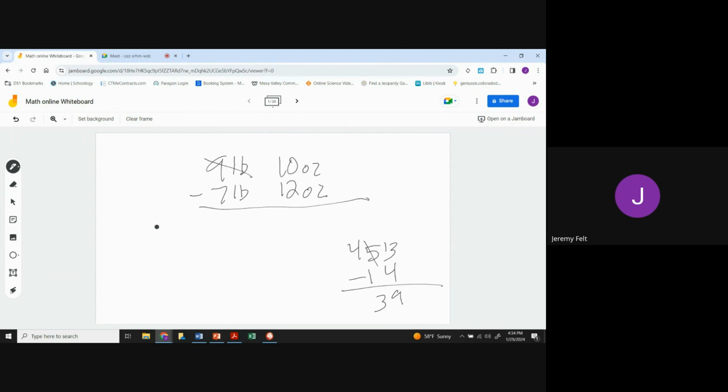So we'll take a pound from here. 9 pounds become 8 pounds, but then we add, and this is where we need to know our units, because if we just add a 1 or we think there's 10 ounces in a pound or something, we need to remember there's 16. So we had 10 here, that becomes 26. 26 minus 12 is 14, and 8 minus 7 is 1 pound.